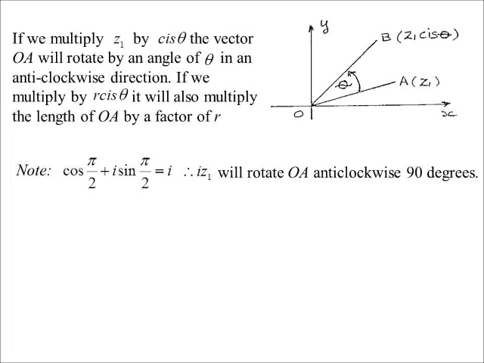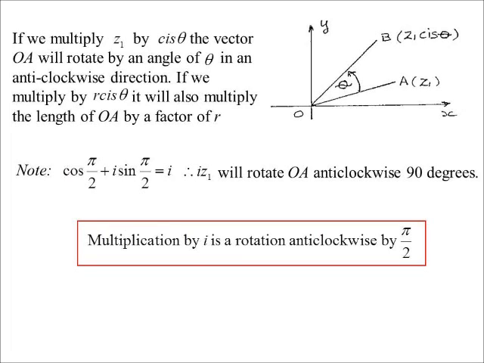So i Z1 will rotate by 90 degrees. So multiplication by i, rotation by 90, and keep in mind any power of i, whatever the power is, that's the multiple of 90 that you're rotating by. So negative 1, 180, because that would be i squared.